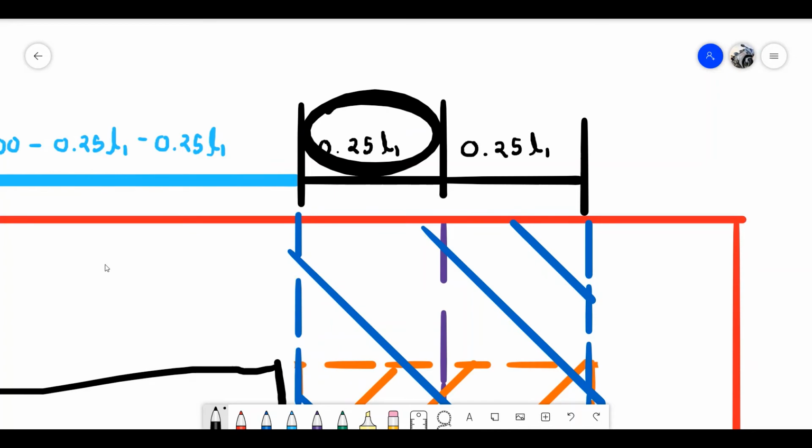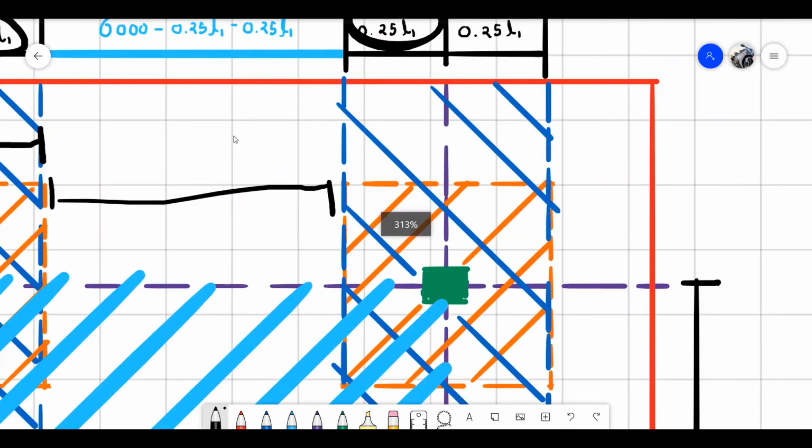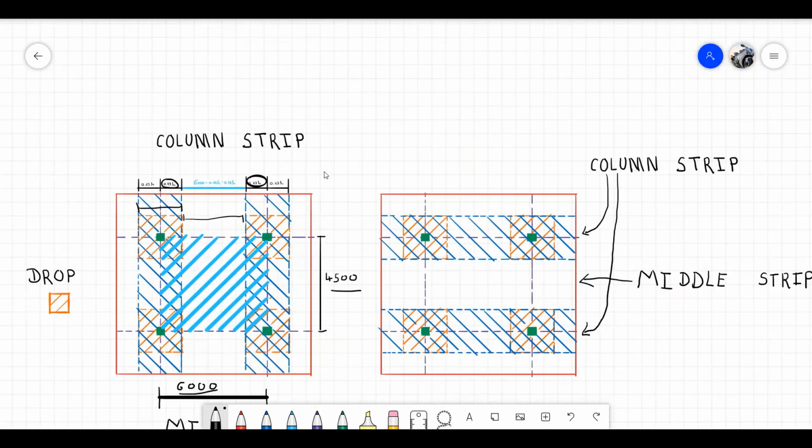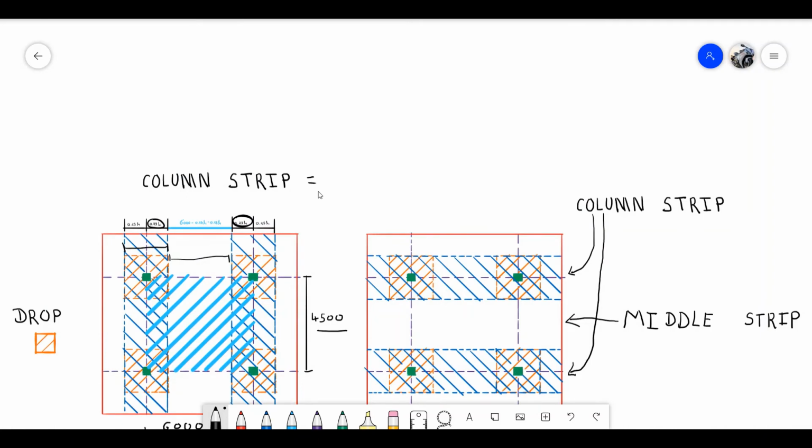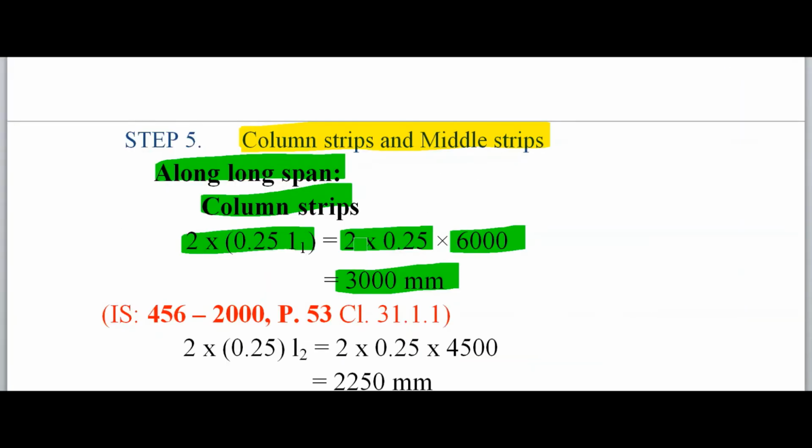So column strip is equal to 0.25 L1 plus 0.25 L1, because we have two sides of column strip for the one interior panel, right? So twice into 0.25 L1. This equation we put in the example, right? So column strip 2 into 0.25 L1, 2 into 0.25 into 6, 300.